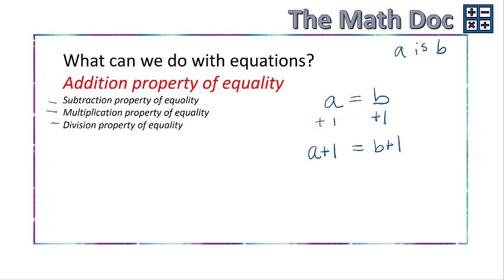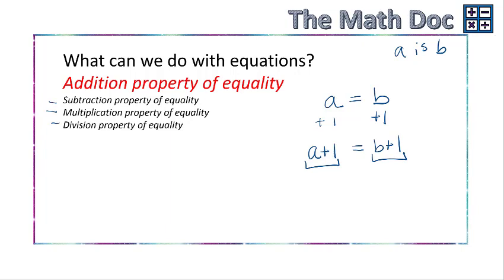Now, because A is B and A equals B, we also know that A plus 1 equals B plus 1, right? If we had 3 apples and we added a fourth, we have 4 apples on the left. If we add another apple to the right, we have 4 apples on the right as well.